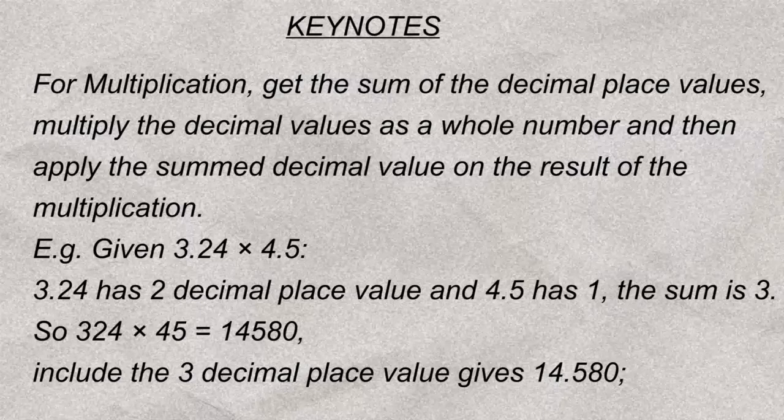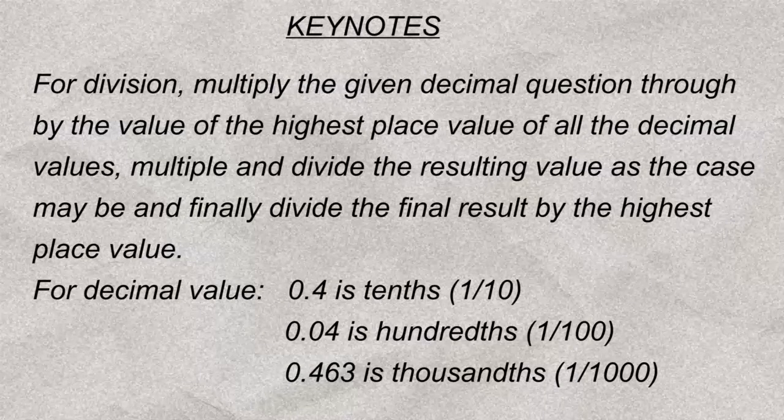Now, I'm not telling you that this is the only method you use when carrying out multiplication or division. You can also use some other methods that will be shown to you in the samples we will give you for this topic. Now, finally, for division, when performing operations on decimals, you need to multiply the given decimal questions through by the value of the highest place value of all the decimal values. When you multiply and divide the resulting value, as the case may be, you can now finally divide the final result by the highest place value.